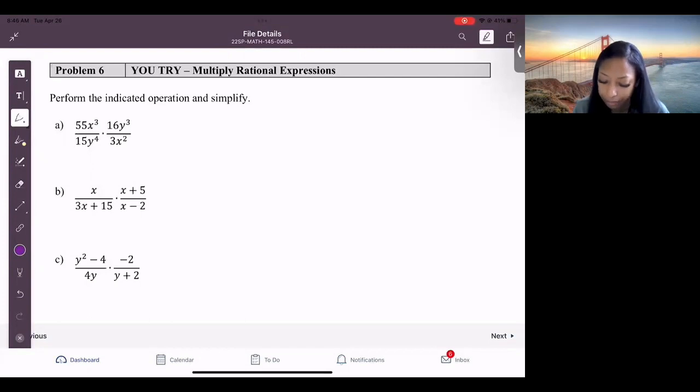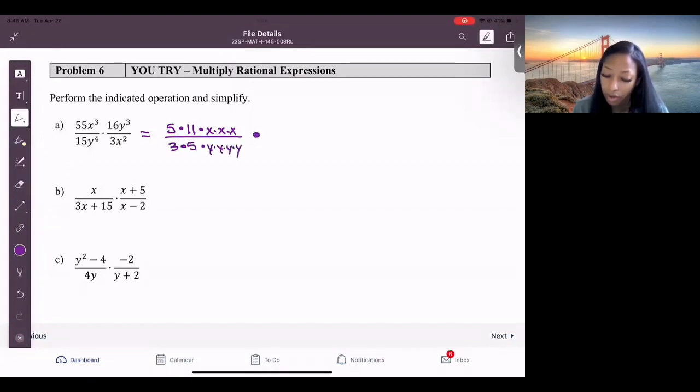For part A, 55x cubed over 15y to the fourth times 16y cubed over 3x squared. If we factor the 55x cubed, that would be 5 times 11 times x times x times x over 15y to the fourth, that's 3 times 5 times y times y times y times y.